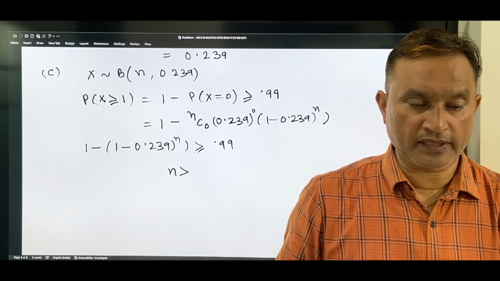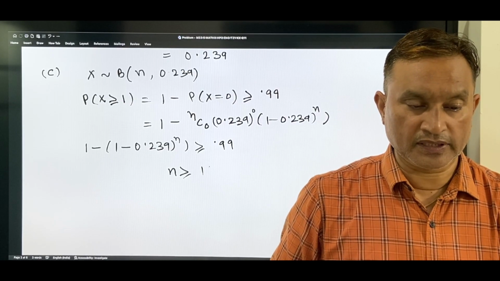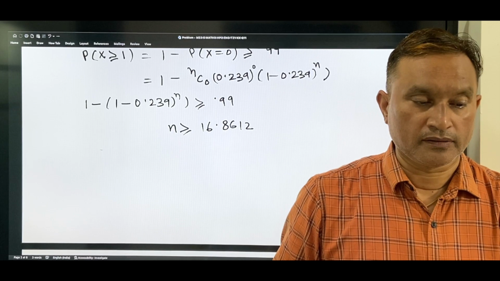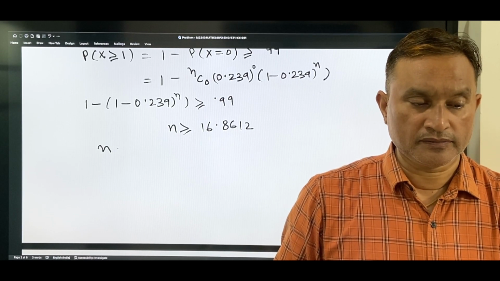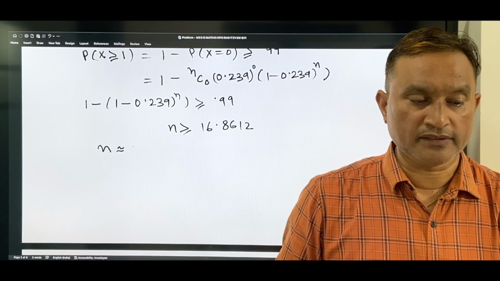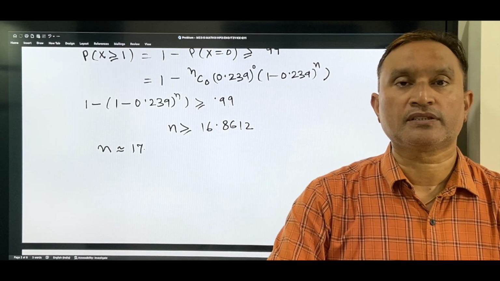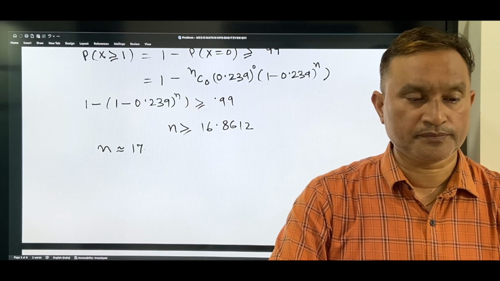So n is greater than or equal to 16.8612. So n approximately is 17 here. So this is the solution of C part.